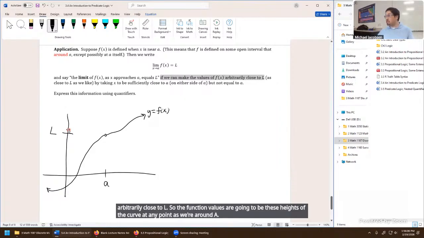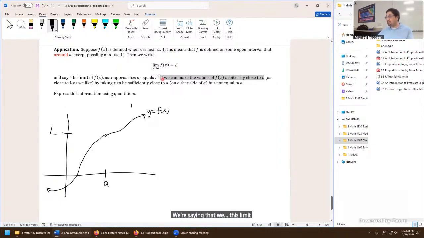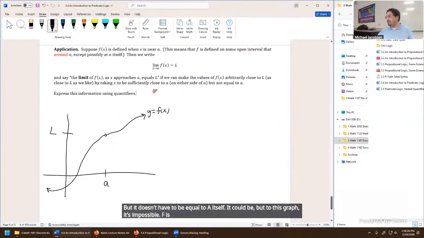We're saying that this limit is exactly L if f can get as close to L as you would like by taking x to be sufficiently close to a. So x has to be on the left or the right, either side, but it doesn't have to be equal to a itself. It could be, but for this graph, it's impossible. f is undefined at a.